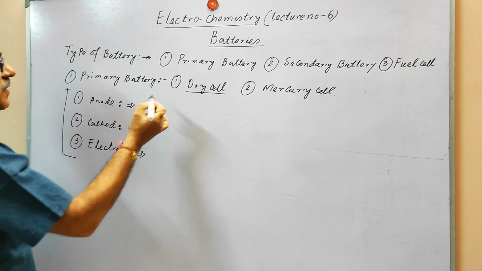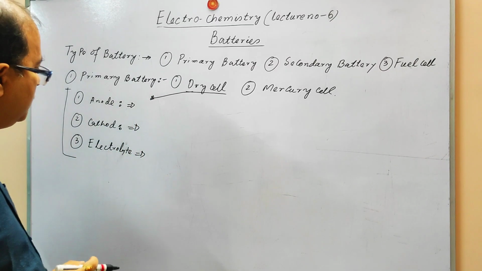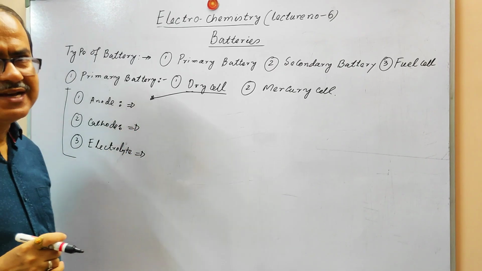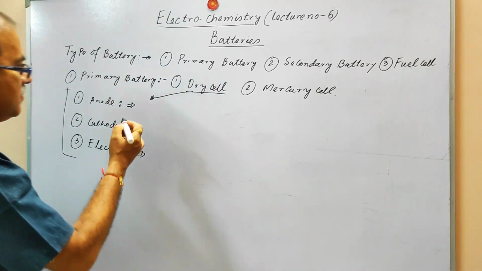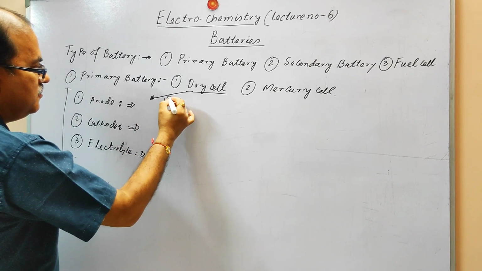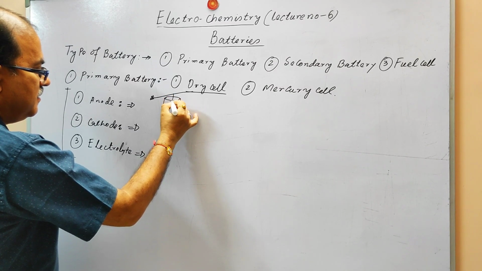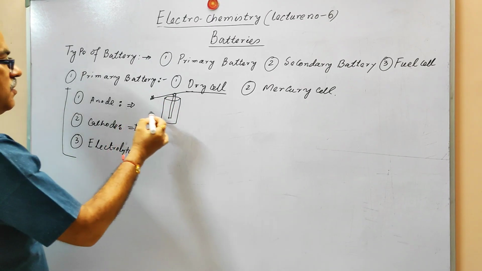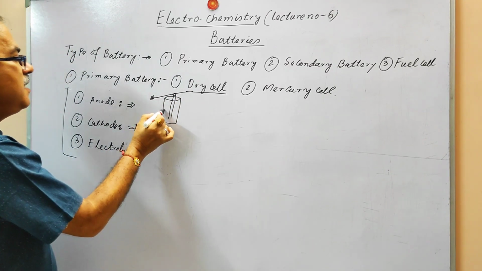Let us understand, for the dry cell, what will be the anode, what will be the cathode and what will be the electrolyte. For the dry cell, you can see here a zinc container. In that zinc container there is a graphite rod. This is the zinc container and here is the graphite rod, and this zinc container is the anode.